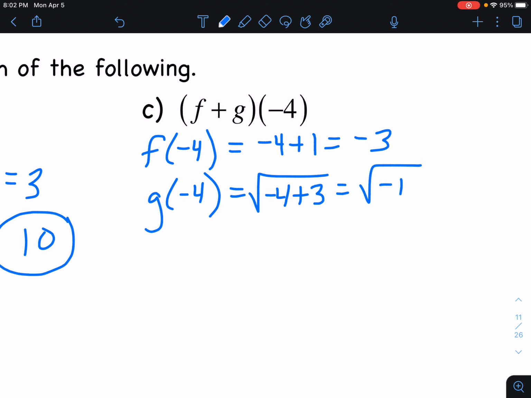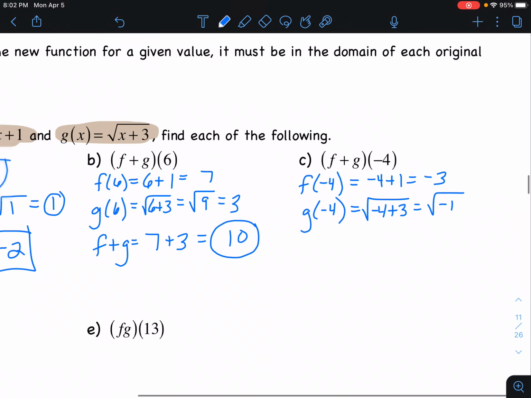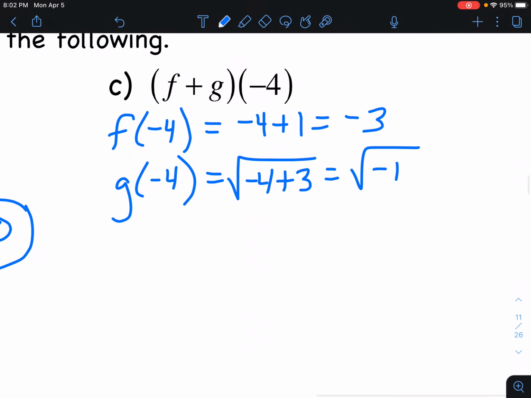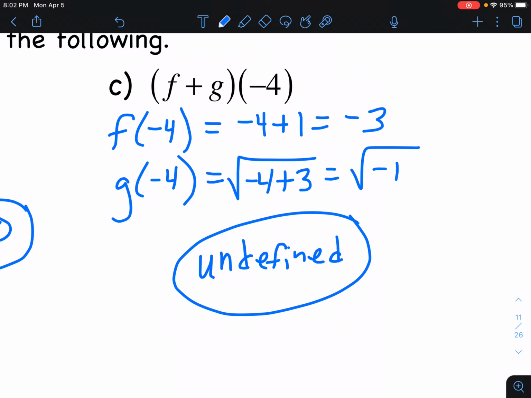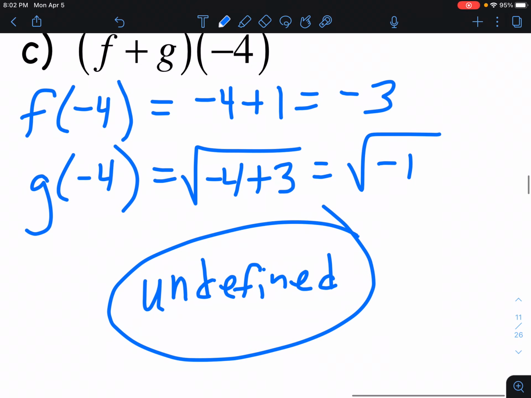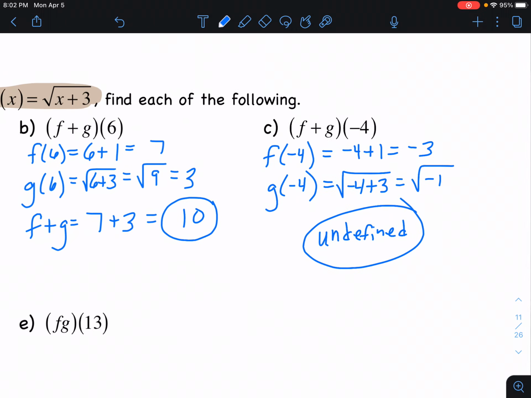Now, this is actually undefined here. You cannot take the square root of a negative number. So we're going to write undefined, because we're not going to deal with imaginary numbers. If you wanted to use imaginary numbers, the square root of negative 1 would be i, but we're not going to deal with that.